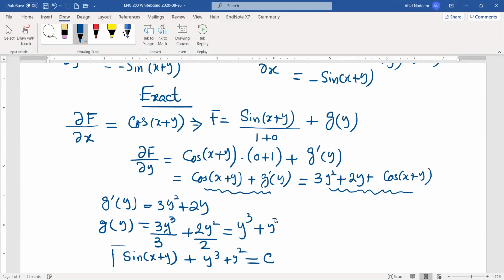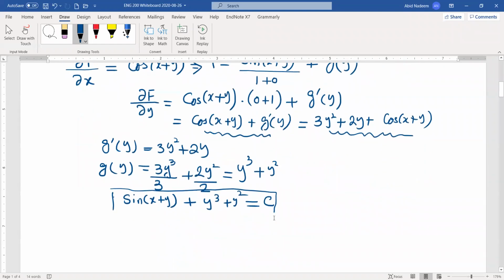So this will be the solution of the given ordinary differential equation, okay? And you can see that this is not an explicit solution, this is an implicit solution, because we are not representing it in terms of y is equal to something. So it is an implicit solution, okay? So with this, we have found the solution.